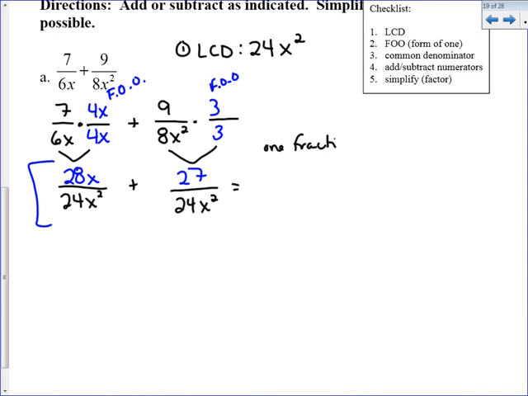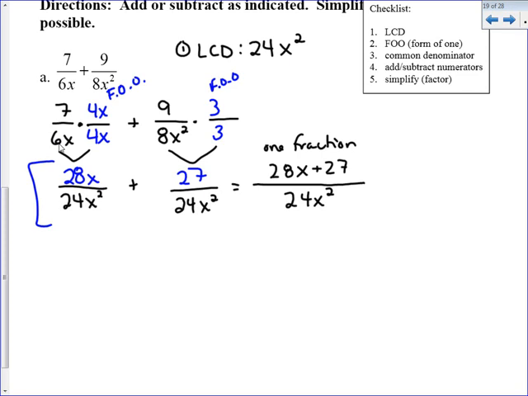This is what we did on Wednesday. So we take 28x plus 27 over my common denominator. My given denominator is 6x, but my common denominator is 24x squared.